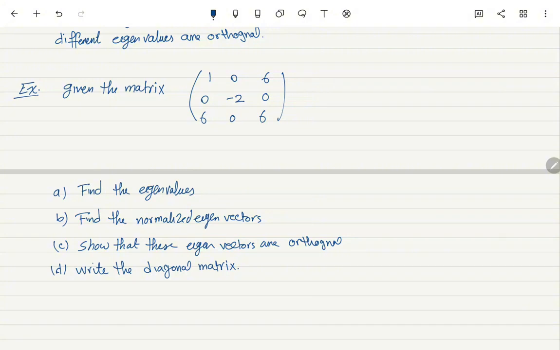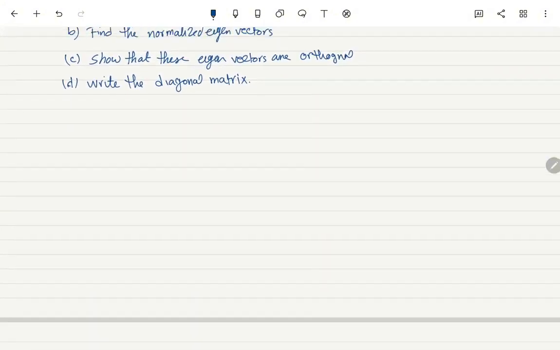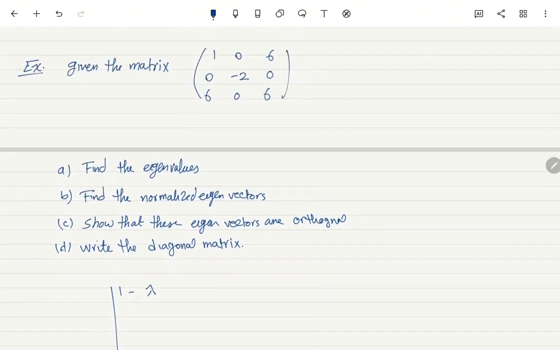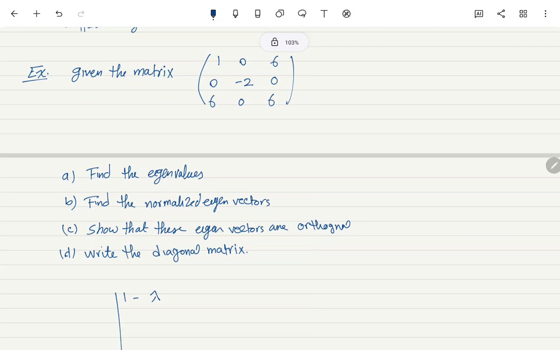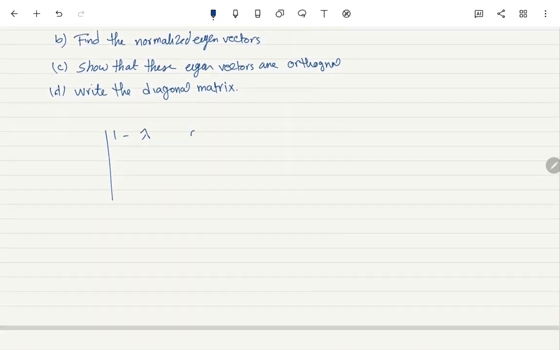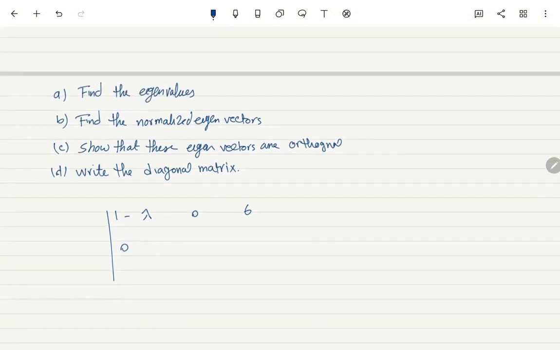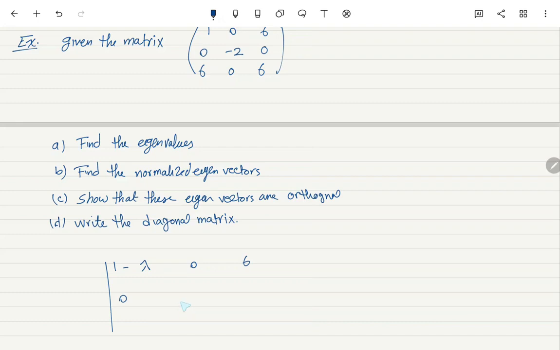Starting from the secular equation here, you just subtract lambda from the diagonal, so it's equal to 1 minus lambda, 0, 6; 0, minus 2 minus lambda, 0; 6, 0, 6 minus lambda, and this equals 0.